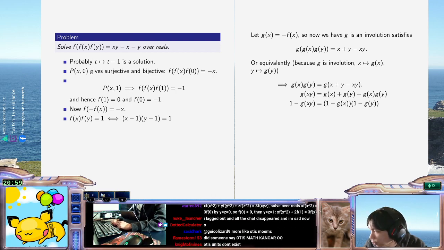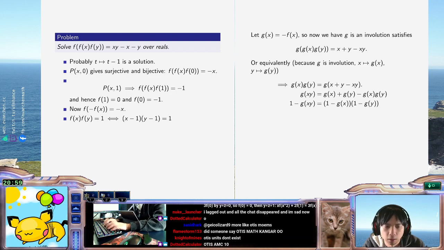But it's also an involutive thing. Okay, so what do we know? We know 1 minus g is multiplicative, and we know that g is an involution.